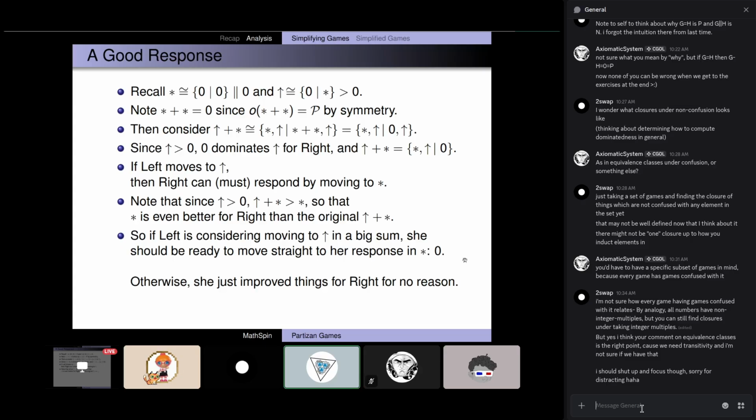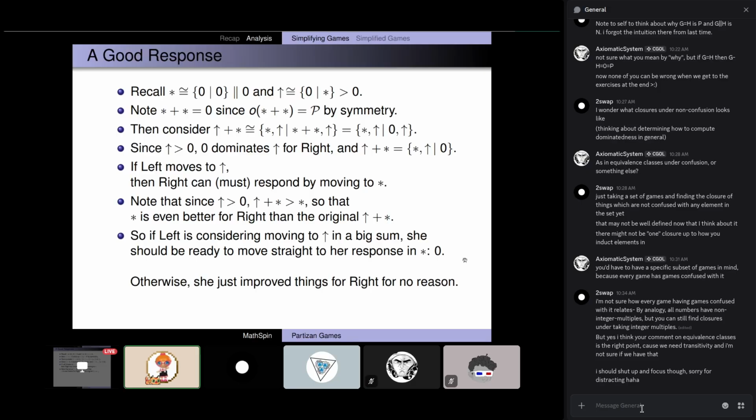Okay, and by be ready for it, that means have some move available that's actually even better for you, right? Well, maybe not better in all contexts, but if you're playing this in some bigger sum and you have a lot of responses, hopefully one of them is appropriate.